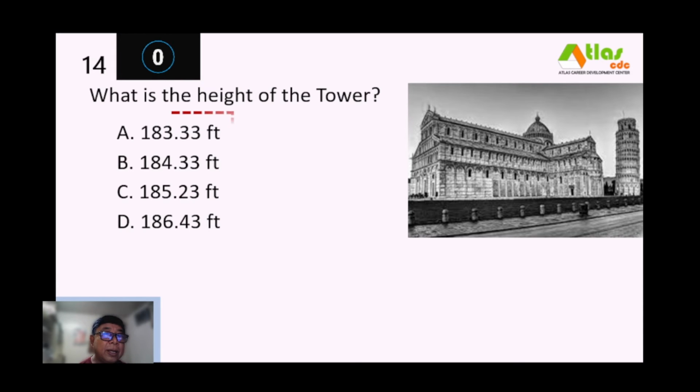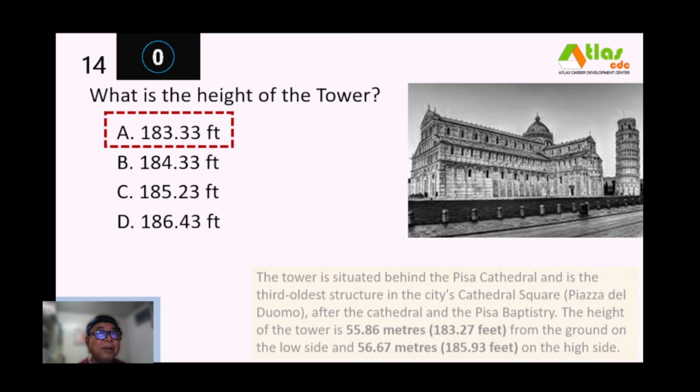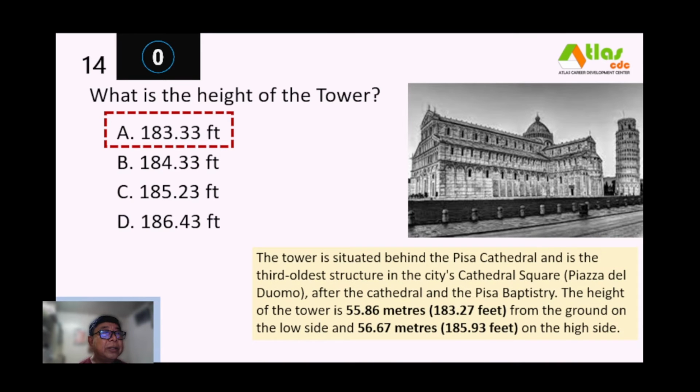And our correct answer is letter A, 183.33 feet. So the tower is situated behind the Pisa Cathedral, and is the third oldest structure in the city's cathedral square, the Piazza del Duomo, after the cathedral and another building which is the Pisa Baptistry.